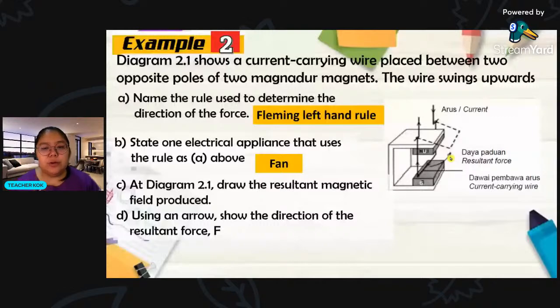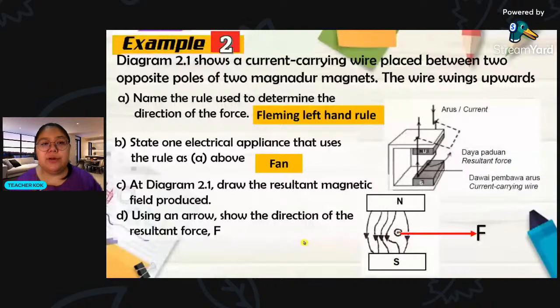So we draw first north to south, then I curve the magnetic field to the left-hand side. The center should be a dot, because a dot means coming to you, so the current is coming to you. And for D, the last one, they ask you to draw the force acting to the right-hand side, so we put F. So this is the answer for C and D.